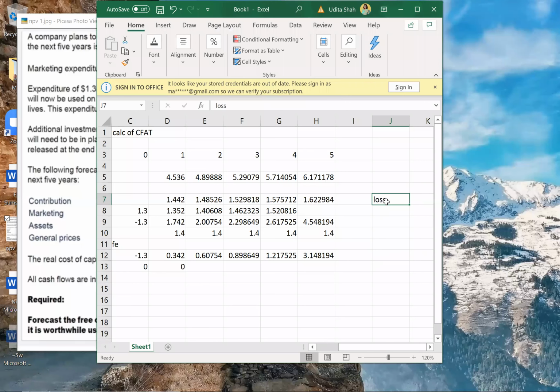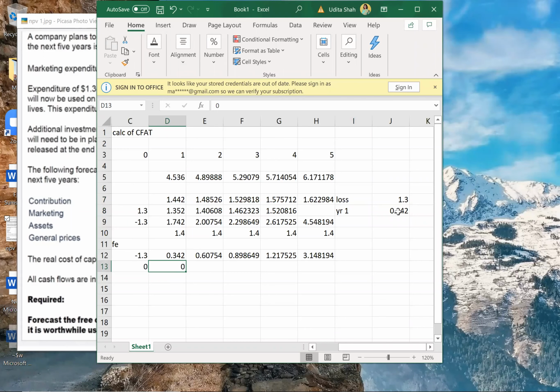Year 1, the profit is 0.342, so entire profit has gone under the loss. So taxable profit in year 1 is 0, so 10% of taxable profit also becomes 0.